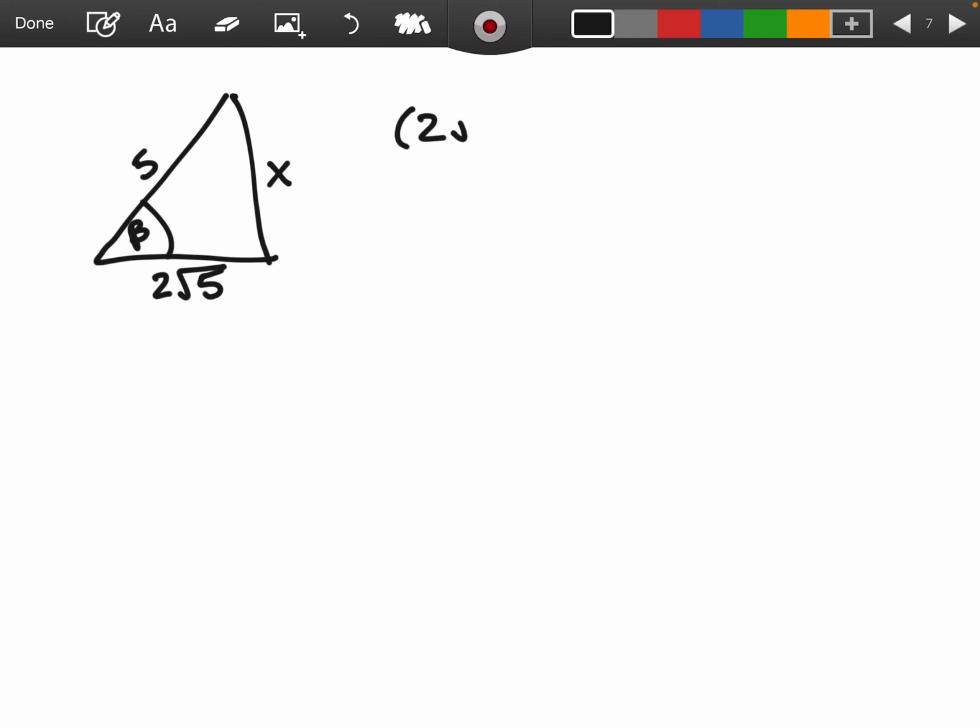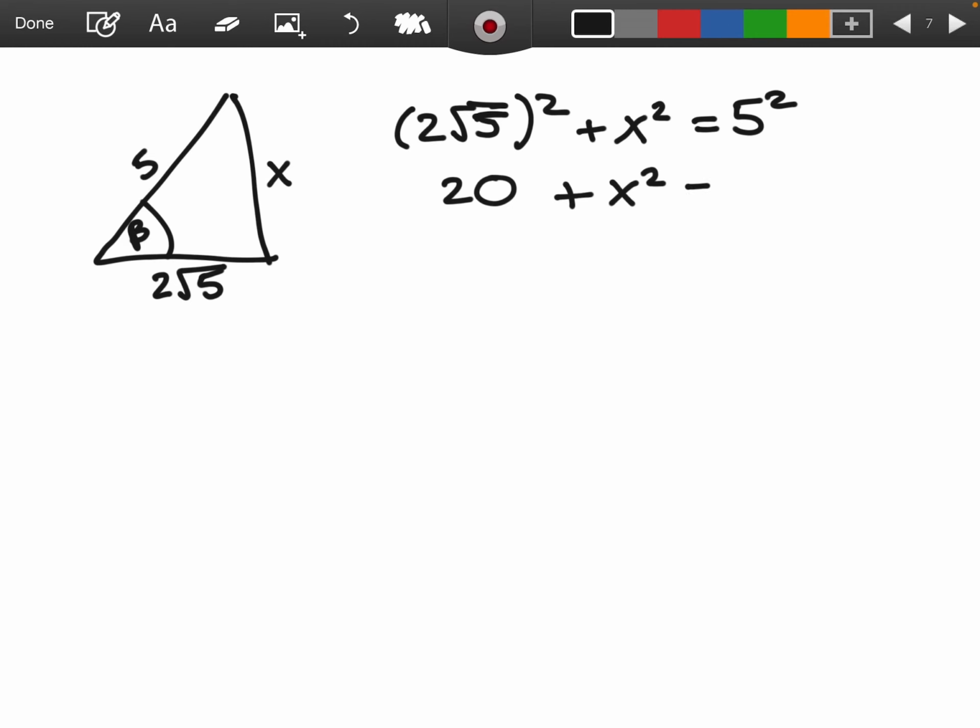Again, I use Pythagoras, so I'm going to get 2 the square root of 5 squared plus my unknown squared is equal to the hypotenuse squared. 2 times the square root of 5 squared is going to be 20 plus my unknown squared. So x is going to equal plus or minus the square root of 5.